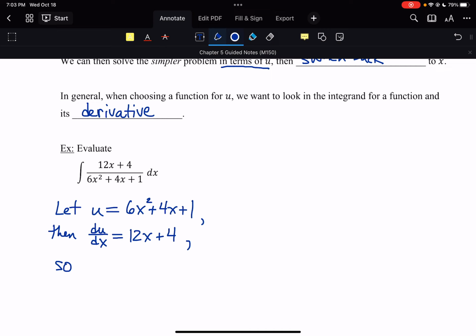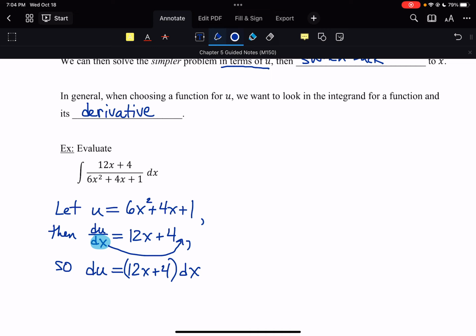So if we take the concept of a differential, the idea of moving this dx across to the other side, we end up getting du equals 12x plus 4 dx.